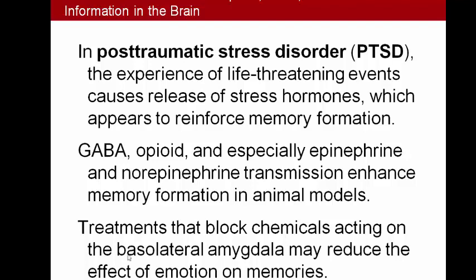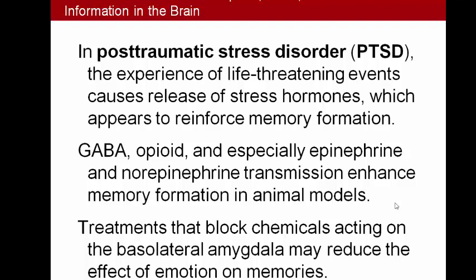So it talks about a few different things here, GABA, opioid, but especially epinephrine and norepinephrine. It seems that, at least in animal models, and this holds true for humans as well, when you have high levels of epinephrine and norepinephrine in your system, then you remember an event more intensely. And we know that if a person is in a traumatic situation, they probably will have high levels of epinephrine and norepinephrine.